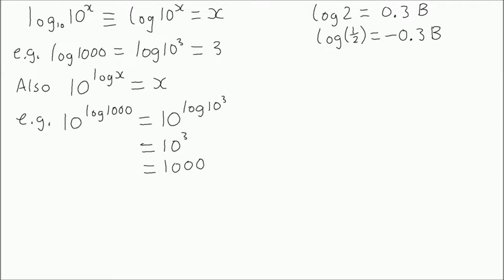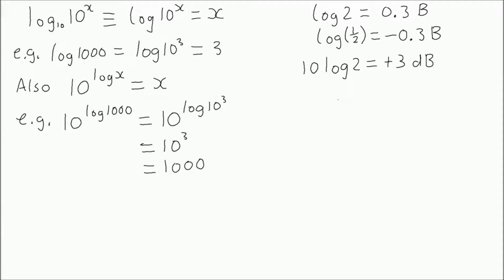So we can have 10 times the log of 2. Well, that's going to be 10 times 0.3. And I want to make really clear here that it's positive, so I'll use a positive sign. 10 times 0.3 is 3 decibels.